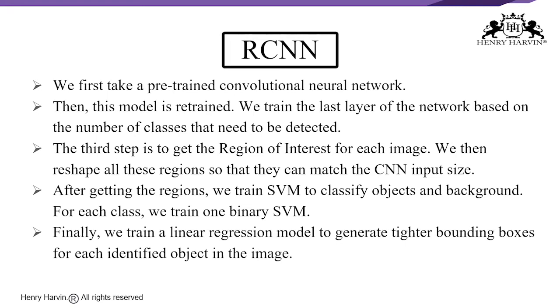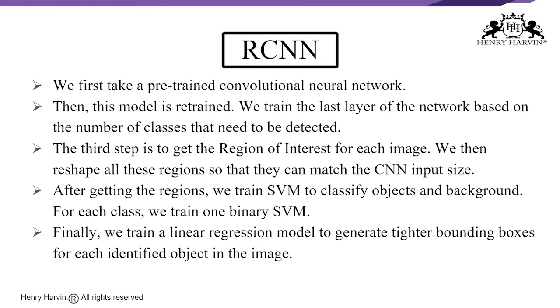First, we take a pre-trained convolutional neural network. Then we train the last layer of the network according to the expected detection classes. Next, we get the region of interest for the image. Then we reshape it so that it matches the CNN input size.